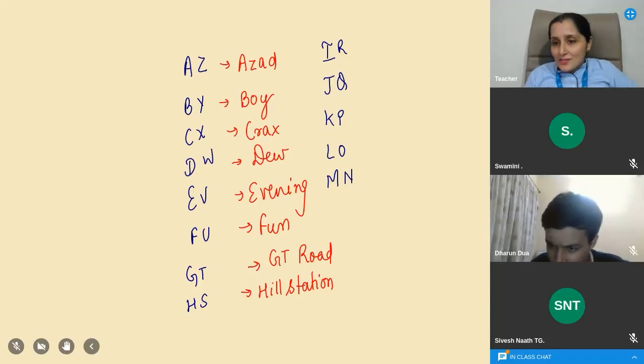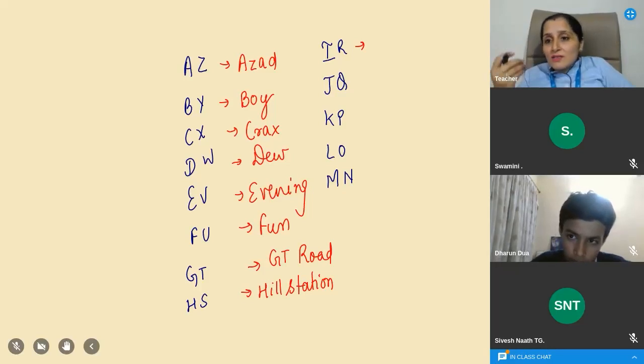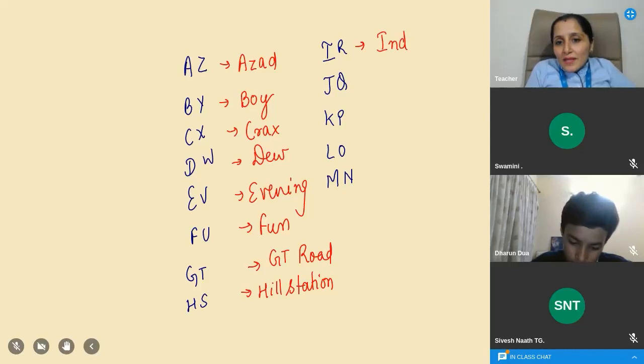He went to a hill station. When he reached the hill station, he found there is only one convenience, that is railways. He can't use his car. He can't use auto. He can't use any other thing. There is only one thing, that is Indian Railways.